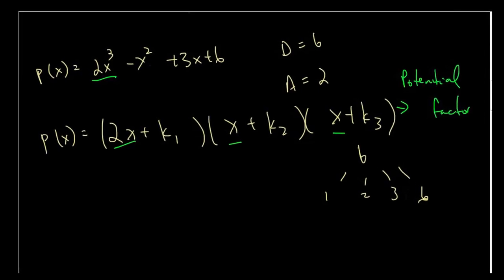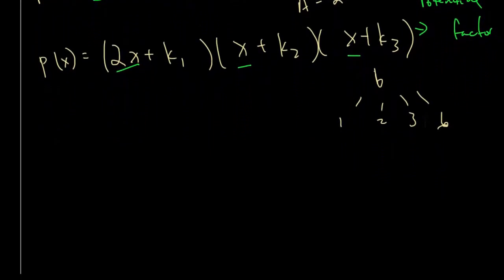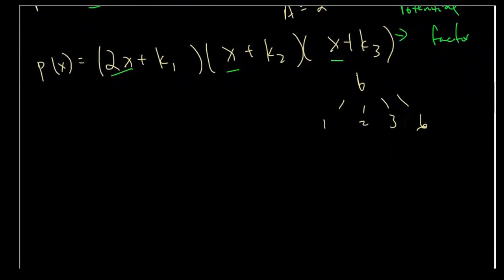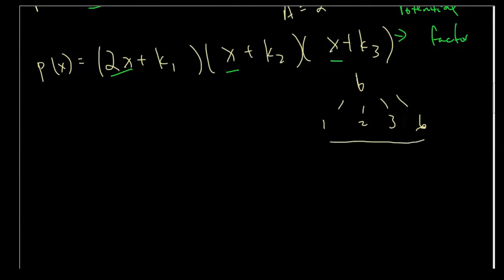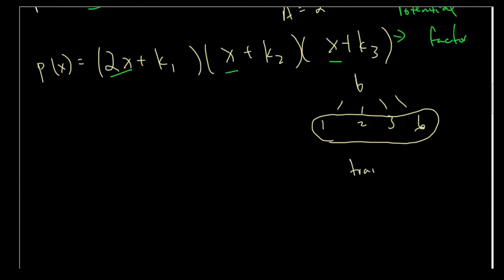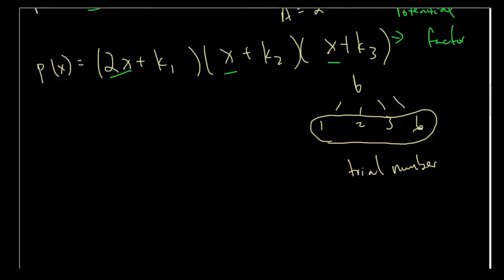Now, since we know our potential factors, we need to put in our trial numbers. Let's call these numbers our trial numbers, into either k1, k2, or k3. I'll put them in because it will give me a whole number.